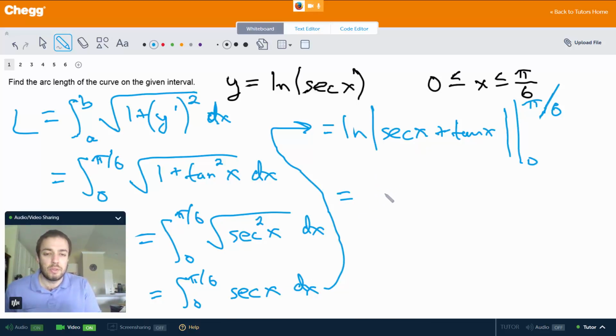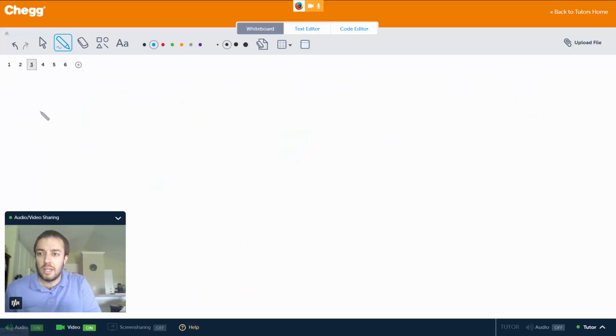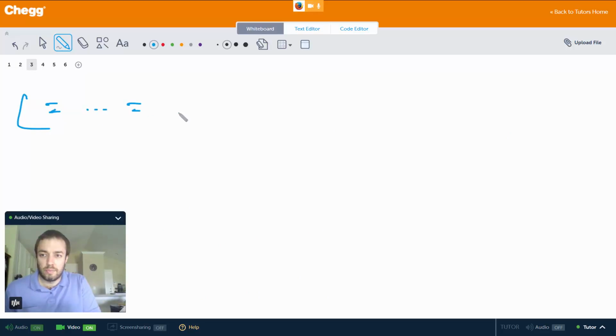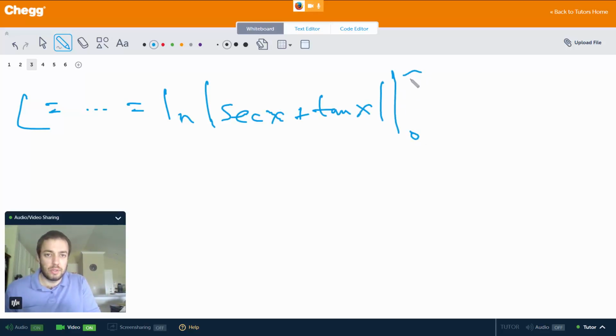Anyway, if we want to evaluate this, I think we need a little more room. Let's go ahead and go to page 3. So we have L equals, so far, the natural log of the absolute value of secant of x plus tangent of x from x equals 0 to pi over 6. So let's go ahead and evaluate that.